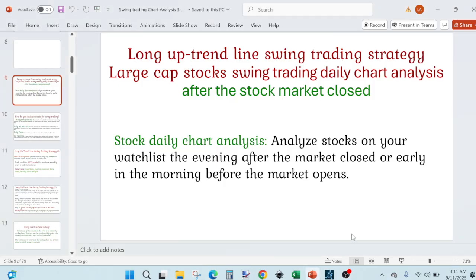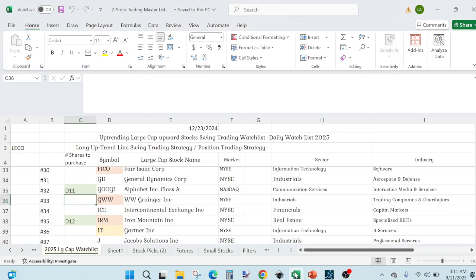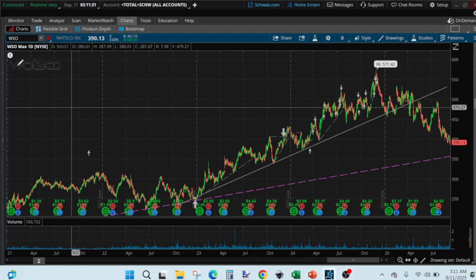Hello, how to do daily chart analysis of large cap stocks for swing trading. We have our watch list open here, and the first stock we will analyze together is Google, GOOGL.